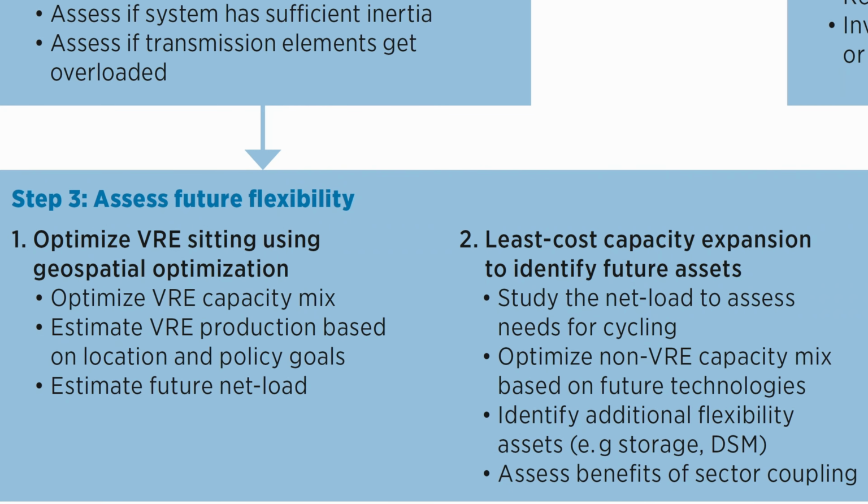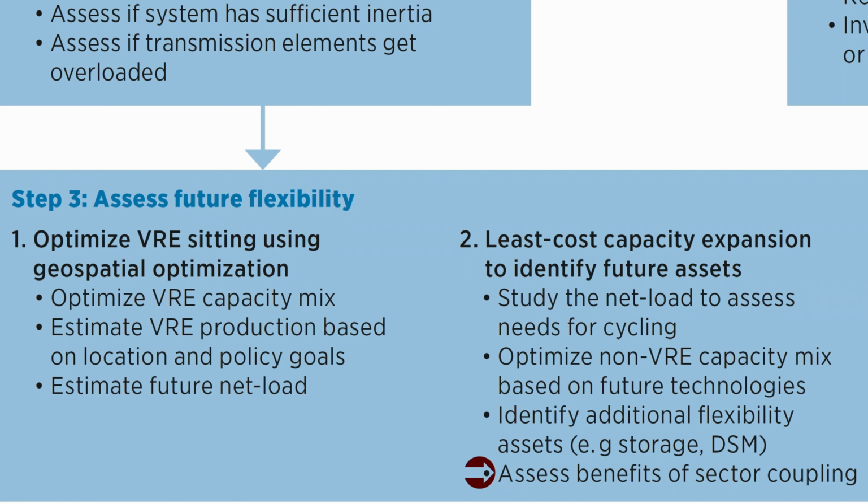Second, the least cost capacity expansion to identify future assets. So we study the net load to assess needs for cycling. We optimize the non-variable renewable energy capacity mix based on future technologies. We identify additional flexibility, for example, by storage or demand-side management.